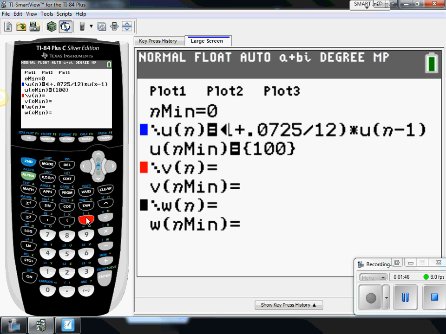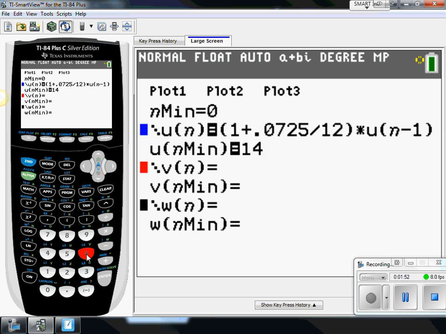I'm not going to put a payment in just yet. Instead, I'm going to go down and change u n min to $146,000. Okay? So at this point, we have the interest rate, the compounding monthly, the previous term, u n minus 1, and the initial amount, $146,000.